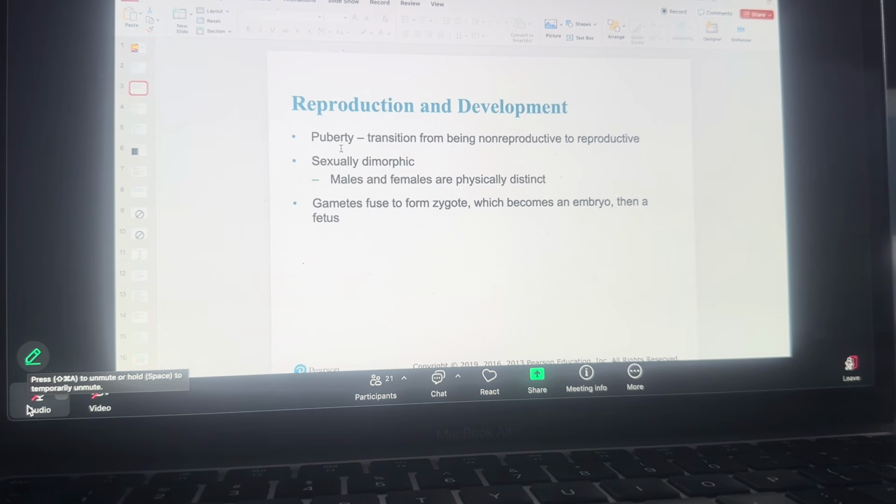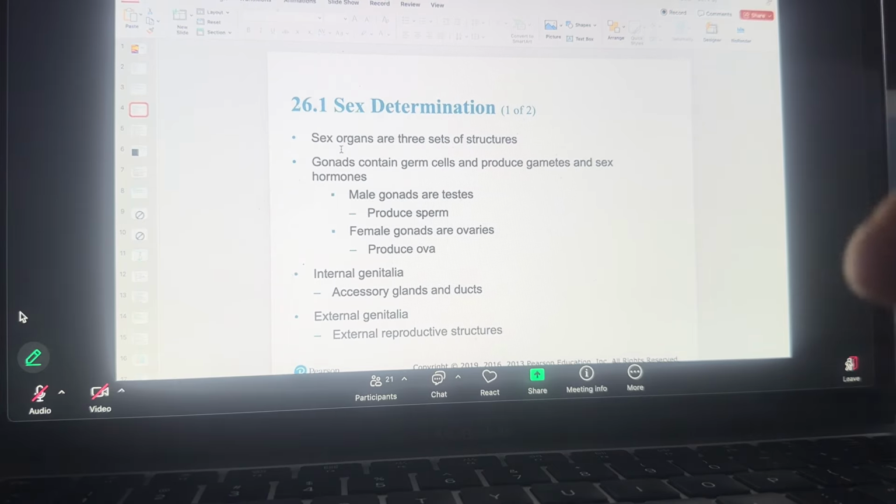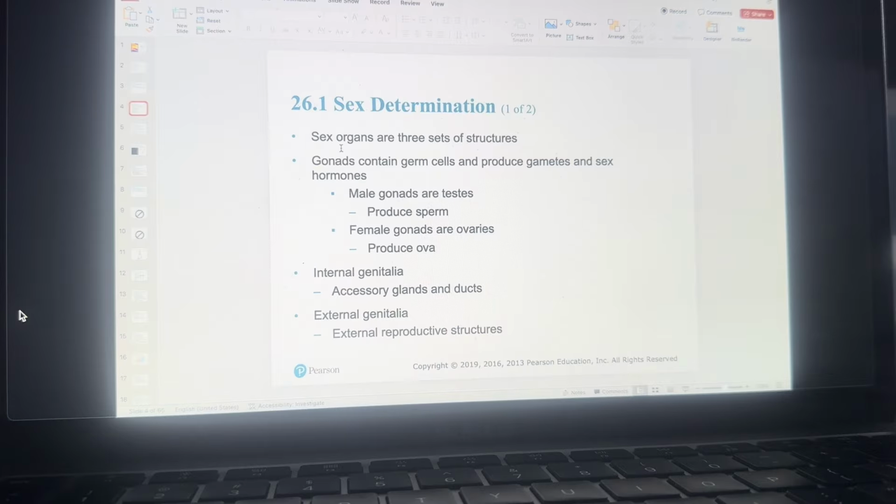Okay, reproduction. Finally, we're at reproduction, right? Reproduction is the process of passing on your genes to your progeny. As humans, we have reproductive organs, sex organs. Within those organs, we produce gametes or seeds that have half of the information to make a human being.